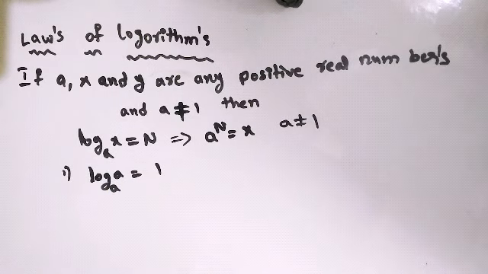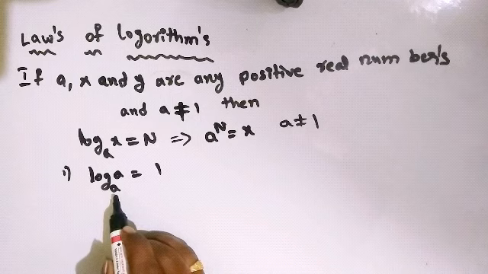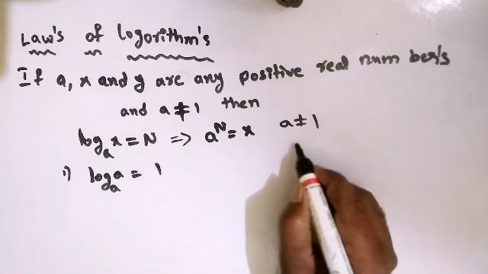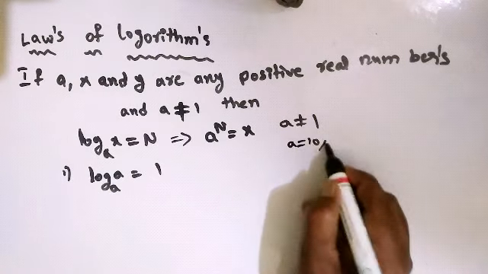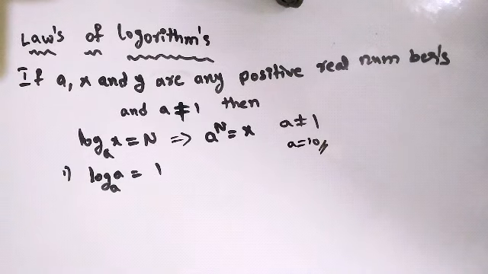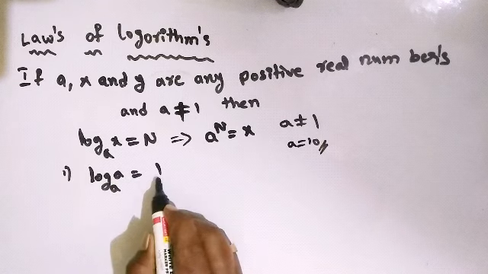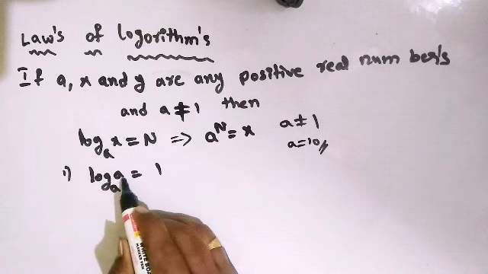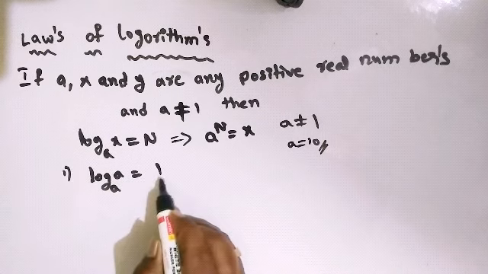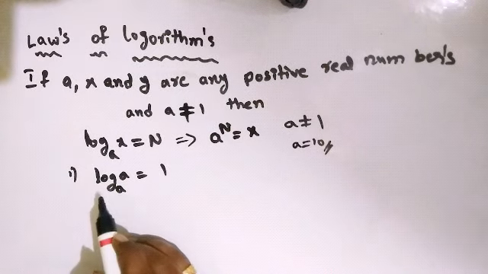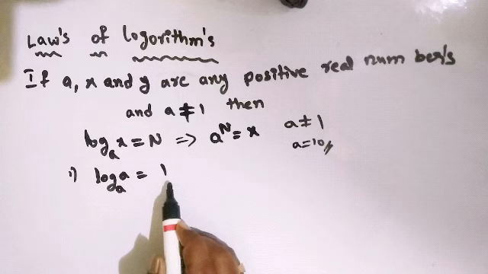Here you have to remember one thing: if the base is not given, in that case we can take it as 10. So log base a a is equal to 1. This is our first formula. That means the base and this one are both the same, and in that case the answer is 1.